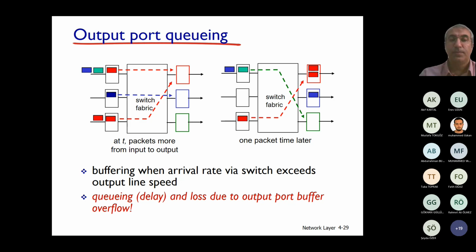These two red datagrams need to switch to this red output, and the blue one to blue. After that, it's time for the green one, which goes to this output, and then red goes again to this output. As you see, if you don't have enough buffer for this red, buffer overflow happens.